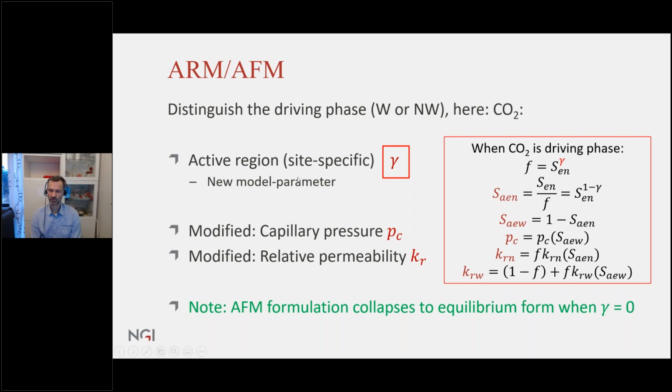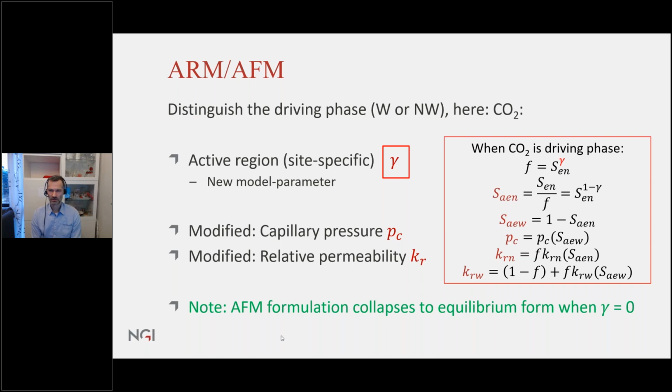It can be the water or it can be the CO2, but in this case it is the CO2 that can cause viscous fingering in the porous media. Second, we need to establish the active region parameter, gamma, which is the only new parameter introduced in this model. It is found to be site-specific and material-dependent, and it can be derived, but it probably needs to be inferred from experiments or some field data.